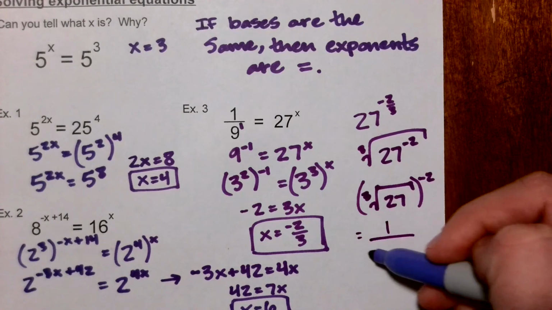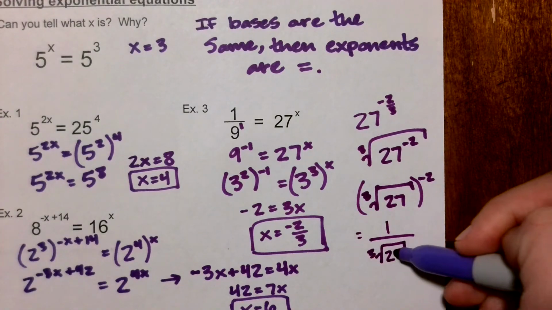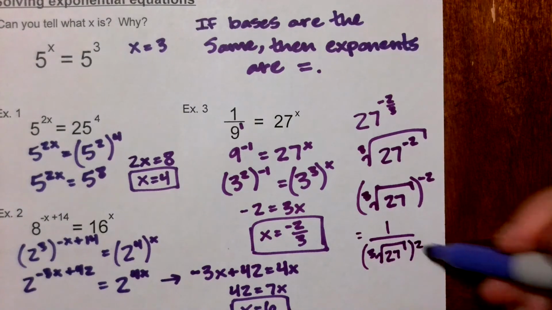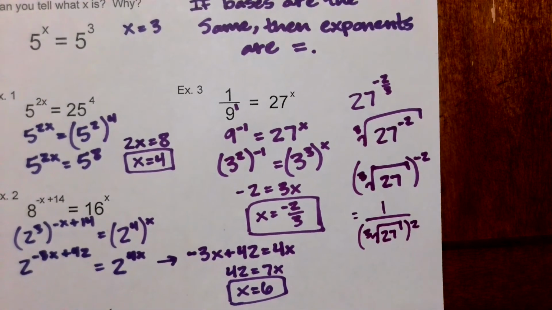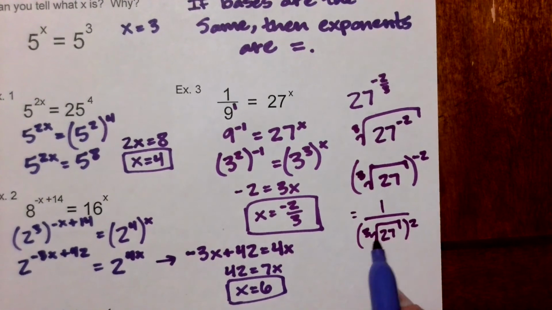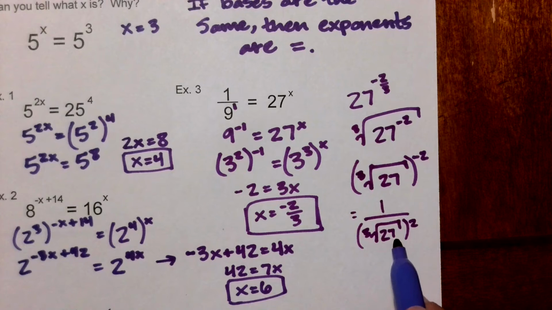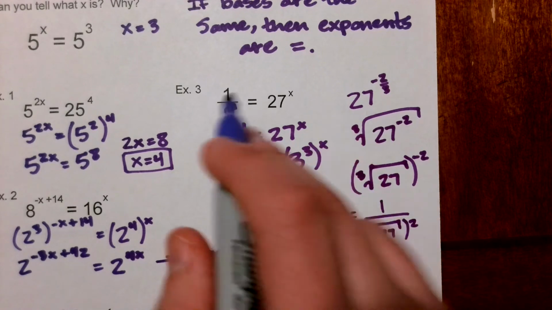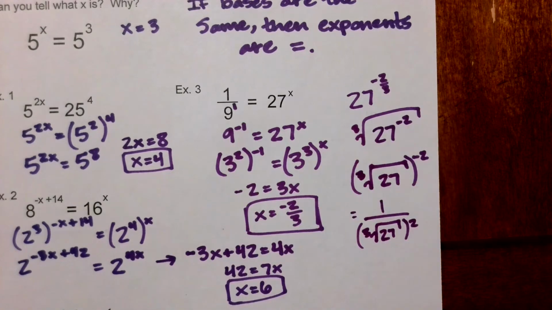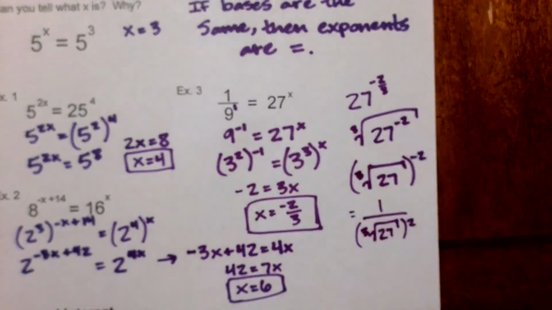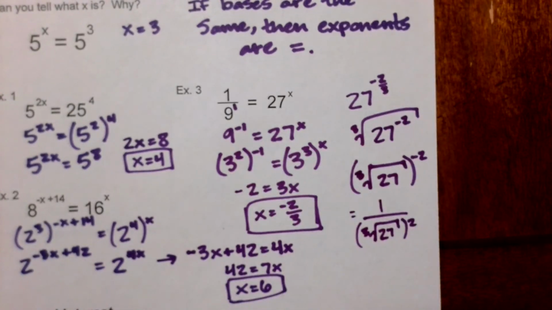So I've got a cube root of 27 squared. If we simplify this, my cube root of 27 is 3. 3 squared is 9. So that's why that -2/3 power makes it equal 1.